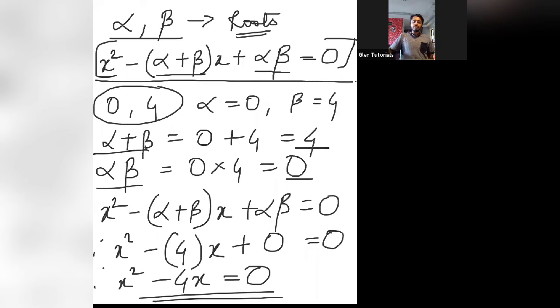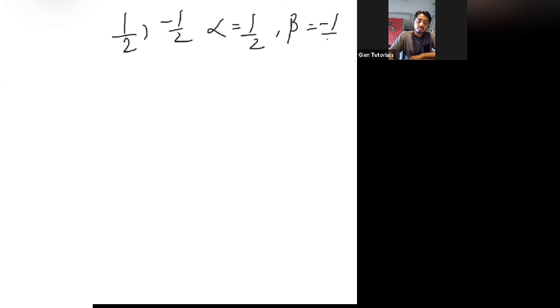Okay. So now we'll take another equation, a little bit complicated one. Suppose your roots are 1 upon 2 and minus 1 upon 2. So alpha is equal to 1 upon 2 and beta is equal to minus 1 upon 2. What will be alpha plus beta? 1 upon 2 plus minus 1 upon 2.